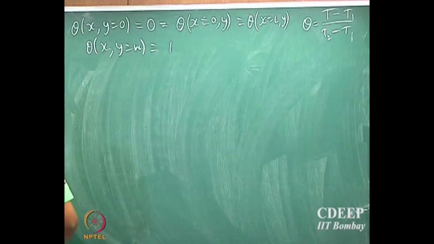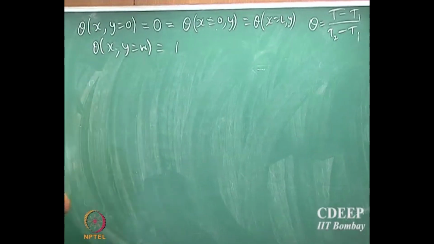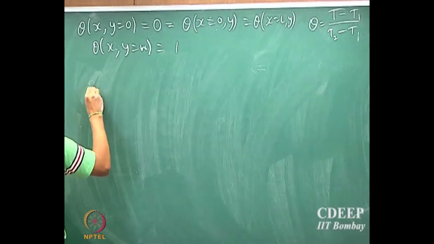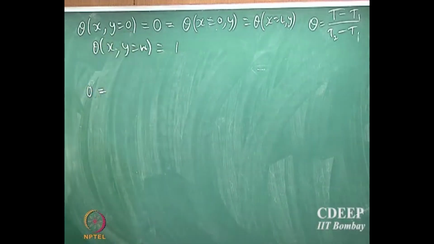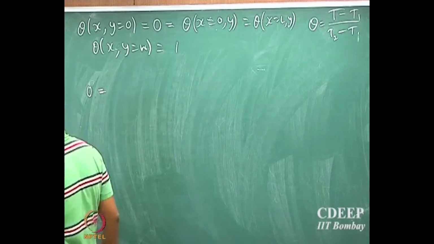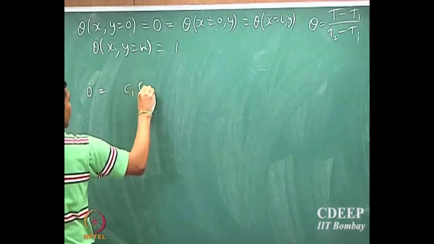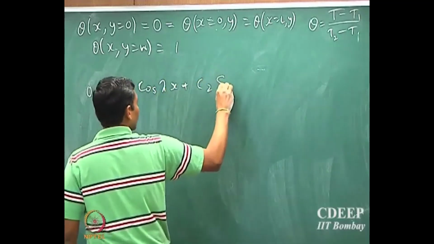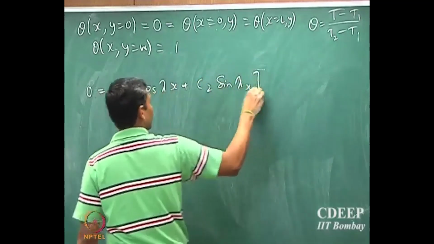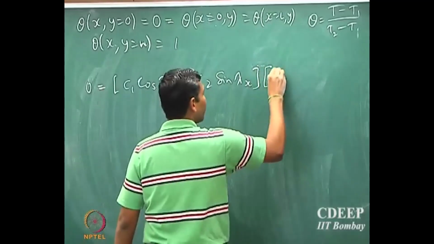So if I impose the first boundary condition, that will be 0 equal to, for any x and y equal to 0. If I set y equal to 0, then it will be C1 cos lambda x plus C2 sin lambda x multiplied by C3 plus C4.